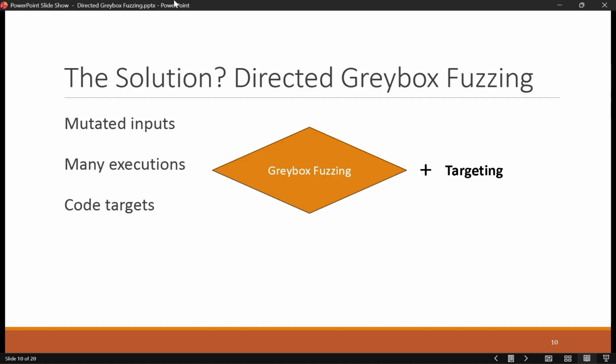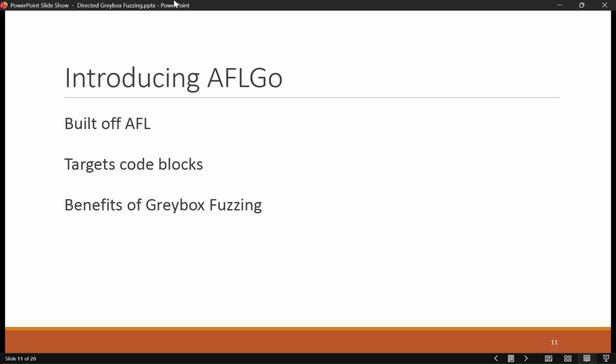And in this paper, they created what they call AFLGo. This is built off of AFL. It is able to target code blocks in the binary, and it comes with the benefits of Greybox fuzzing, being able to run the code thousands and thousands of times in a short period of time.